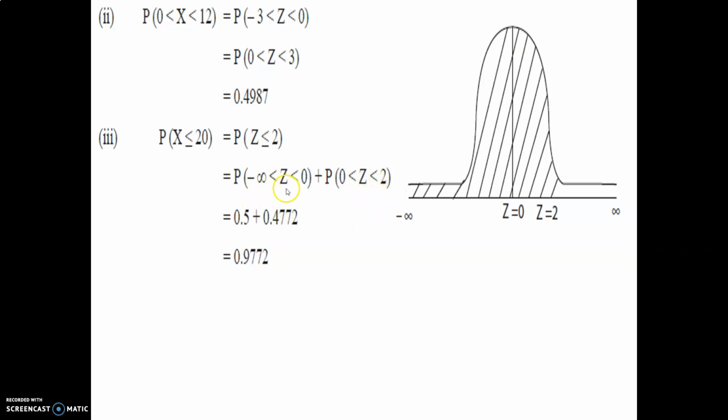The first is 0.5, fixed, but here there is addition, 0.4772, so 0.9772 is the final answer. We highlight it this way: 0 less than x less than 12 this portion, and x greater than or equal to 20 this portion we have to cover.